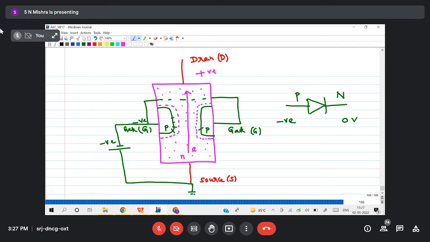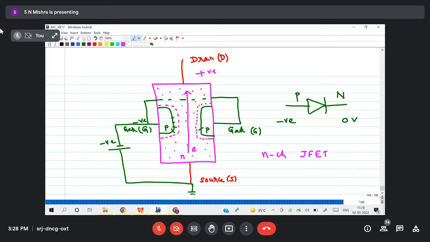So the path in which the electrons are moving is called the channel, right? So this channel is what type of material? N type or P type? N type. That's why this is called an N channel JFET.